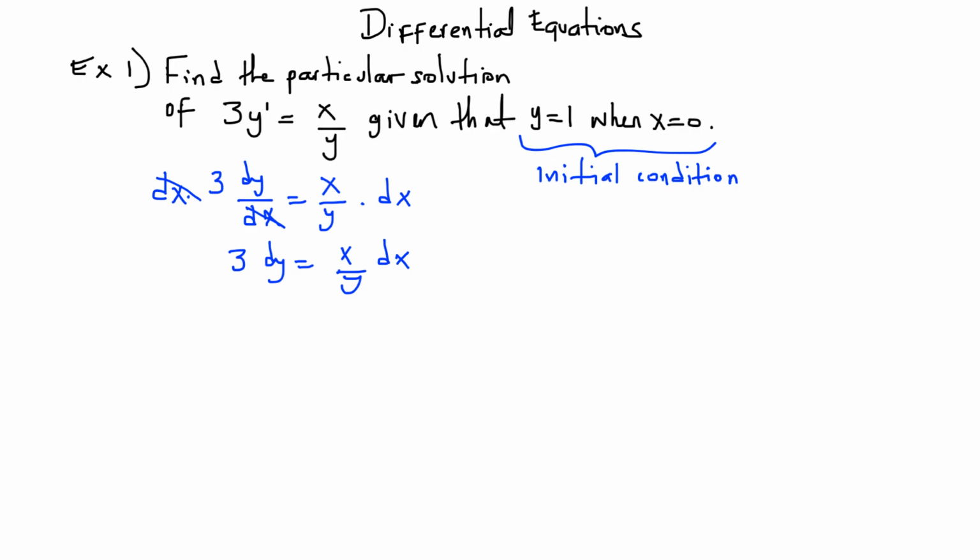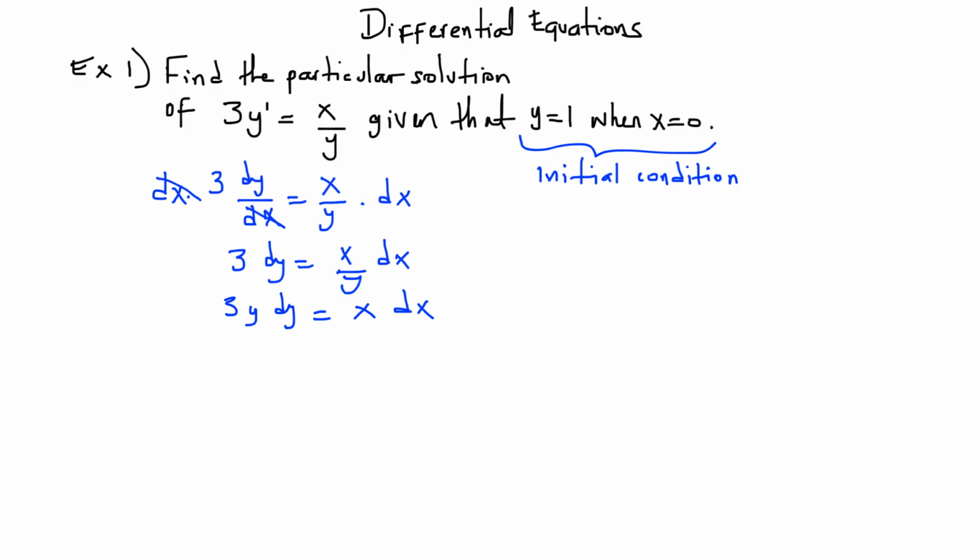And so then we have 3y dy equals x dx. And you do want to keep the dy as the last term on that line, and you want to have dx as the last item on that side. So here we've separated the variables. Y's with dy, x's with dx.